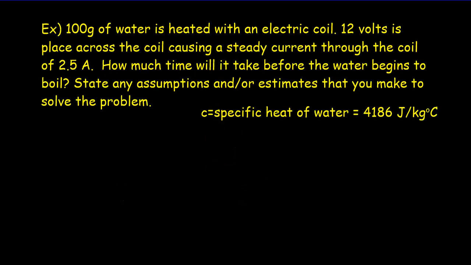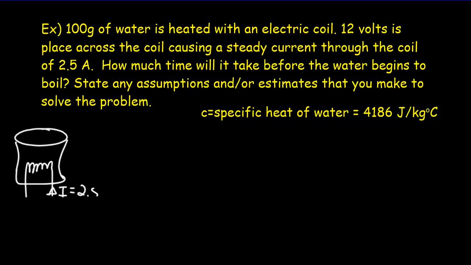Here's a little example. We're heating up some water. We've got some sort of electrical current inside the water. We know how much current is flowing: the current is 2.5 amps, and we've got a voltage across here, delta V, equal to 12 volts, or 12 joules per coulomb.